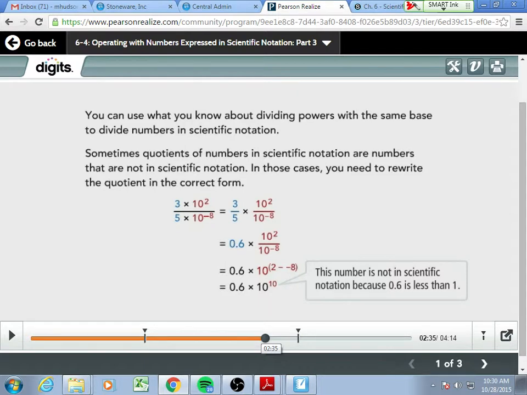So you need to move it over to the left. Well, look, forget about the power right now. Look at just your 0.6. To get that into what we want for scientific notation, what way do we move the decimal? To the right. So this then becomes 6.0. We move my decimal 1 to the right. When we move to the right, what happens to your power?